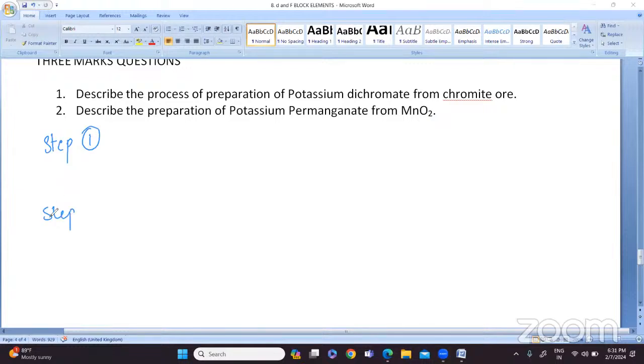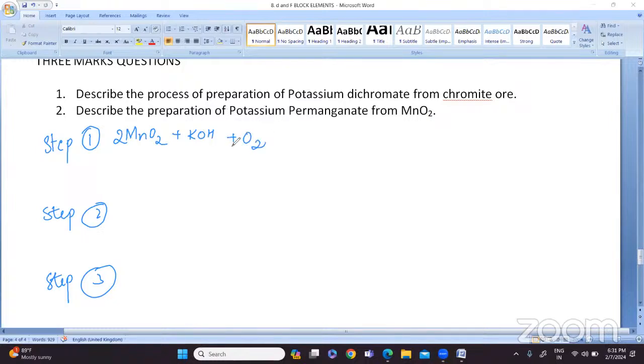Step 1, we are fusing MnO2 with KOH, potassium hydroxide, and potassium nitrate, in the presence of oxygen.